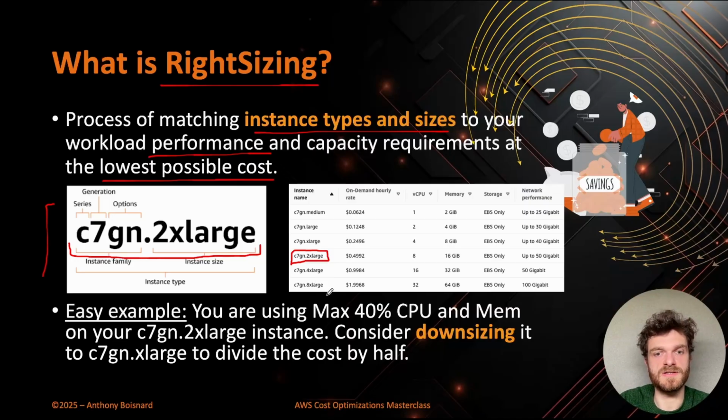Imagine that you are using a maximum of 40% CPU and 40% memory here. If you are not using them, you can try to downsize the instance, meaning you're going to reduce by 2 the number of memory and CPU, but also you're going to divide the cost by 2.